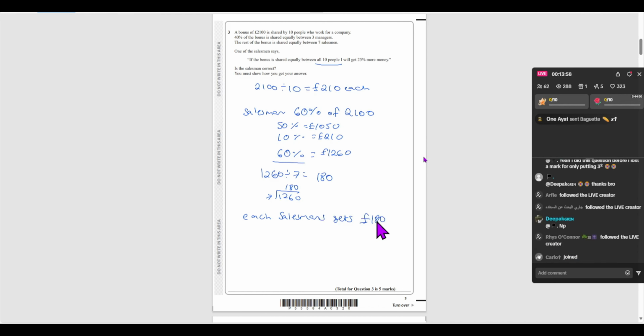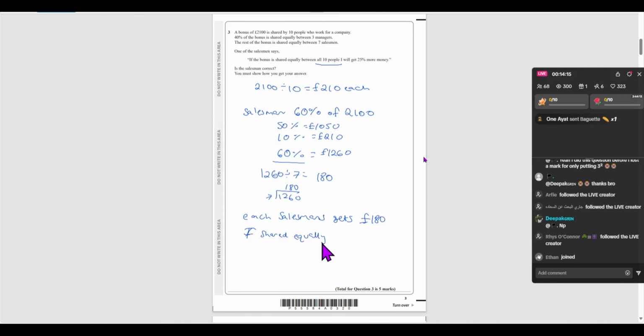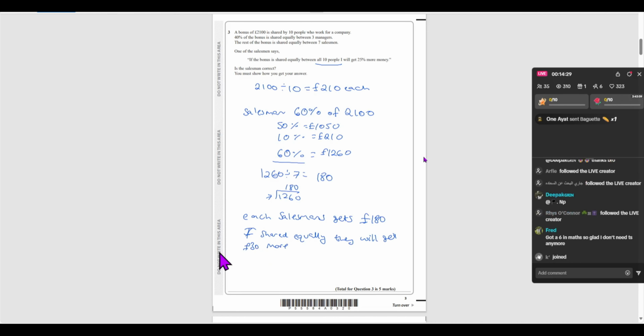Now, if they shared it equally, as we already worked out, they would get £30 more. So, if shared equally, they will get £30 more. So we need to use our percentage change formula.